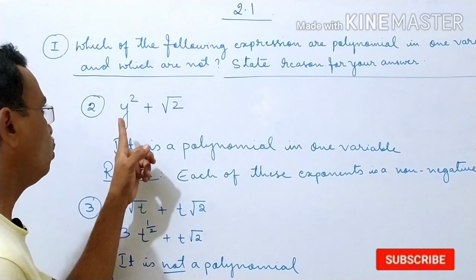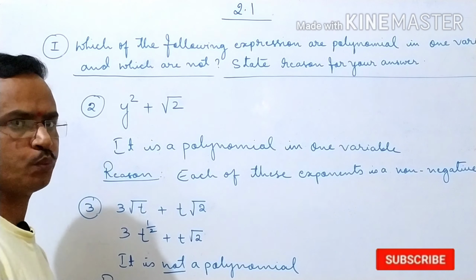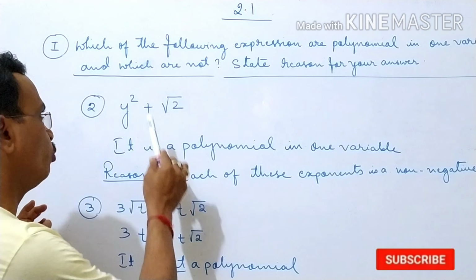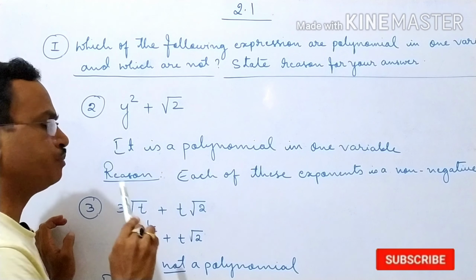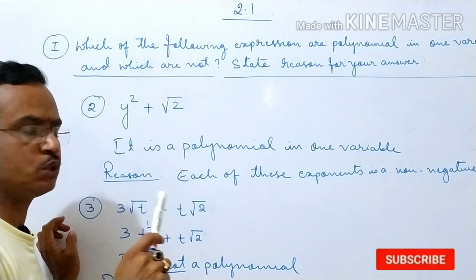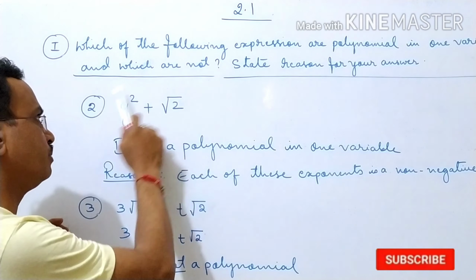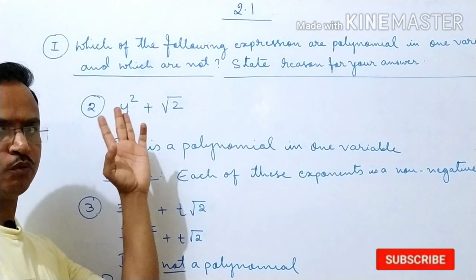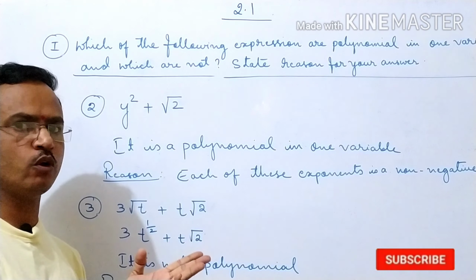Question number 2, y square plus root 2. In this polynomial the variable power is plus 2, that means we can understand it is a polynomial. We have to find whether this algebraic expression is a polynomial or not.